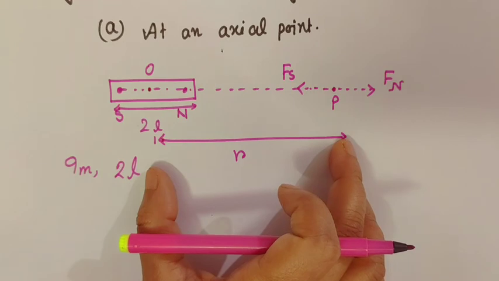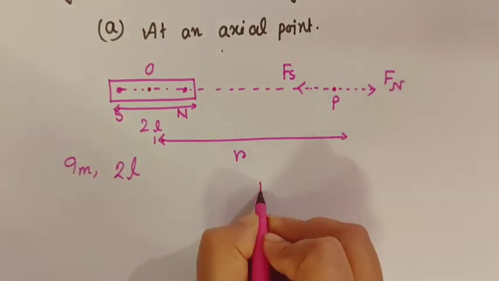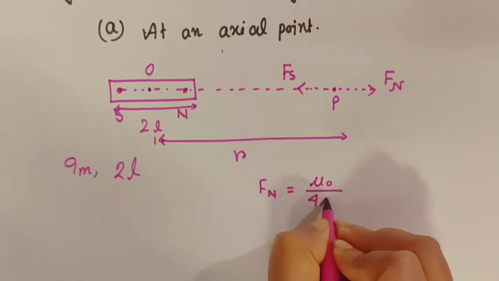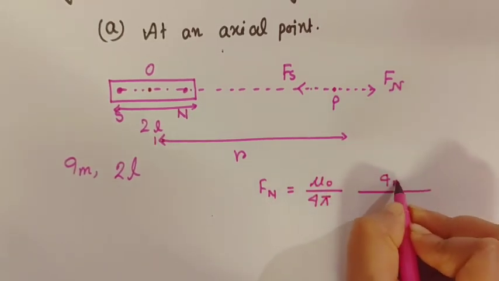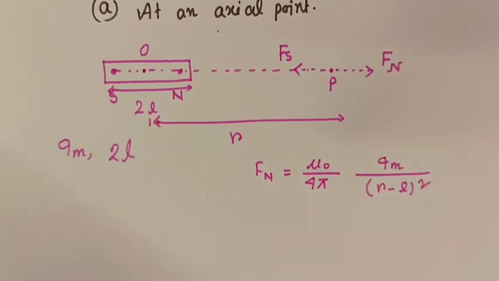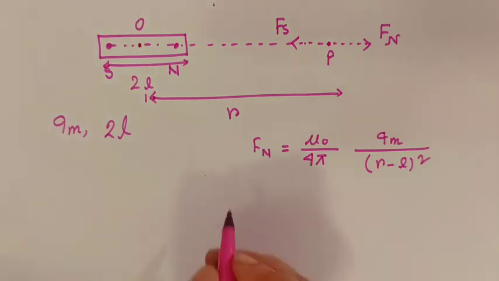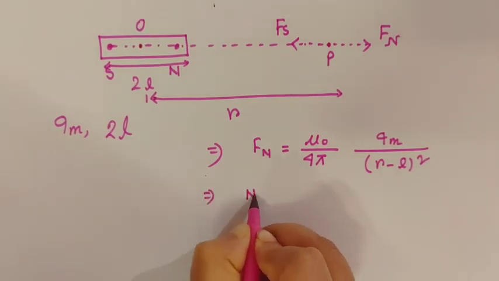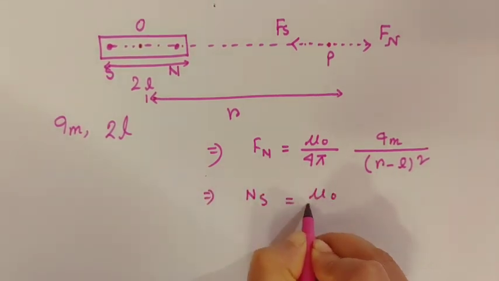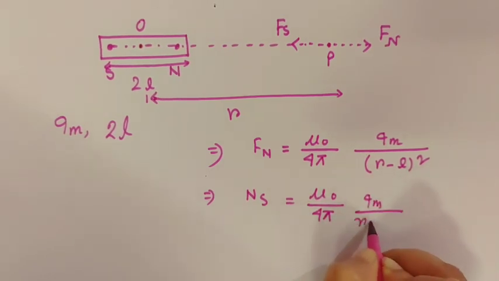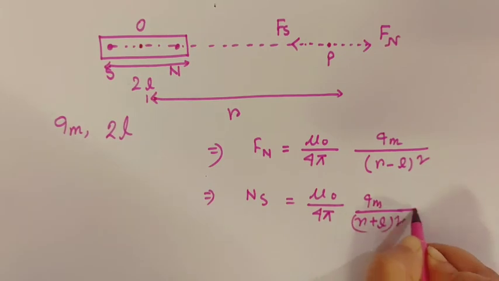So the force exerted by the N pole, we can write Fn is equal to mu naught by 4 pi Qm divided by (r minus l) square. So we are using here the previous chapter's concept from electricity. And in the same way we can write Fs is equal to mu naught by 4 pi Qm divided by (r plus l) square.